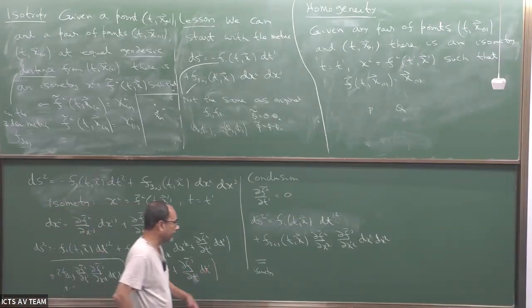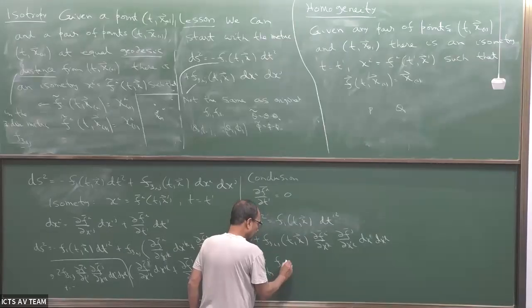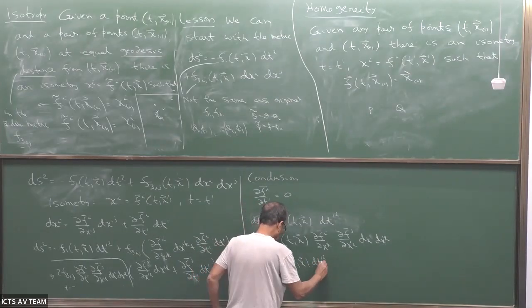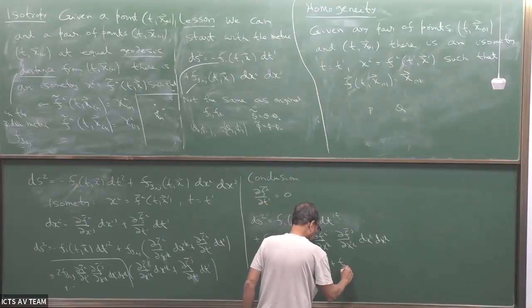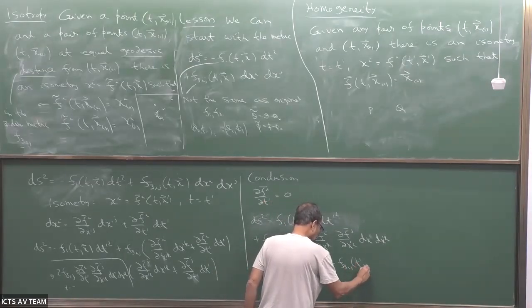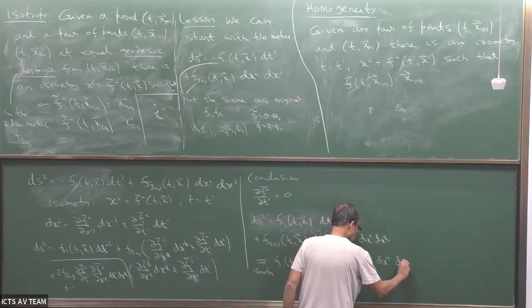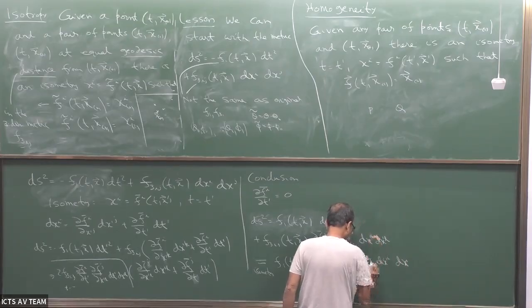So if it's an isometry, then this should be f1 of t prime, x dt prime square plus f3 ij of t prime, x dx prime i dx prime j. Let me write KL.